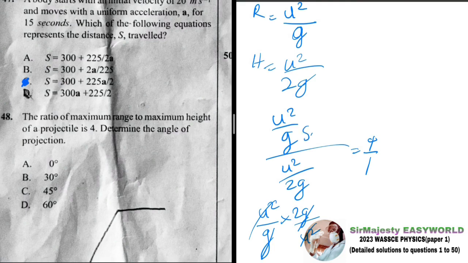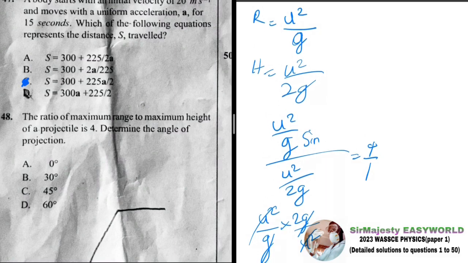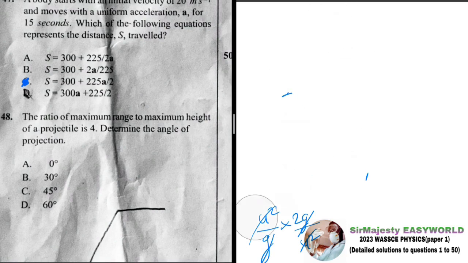So since this is range, it is u square sine 2 theta over g. Let me just raise this.